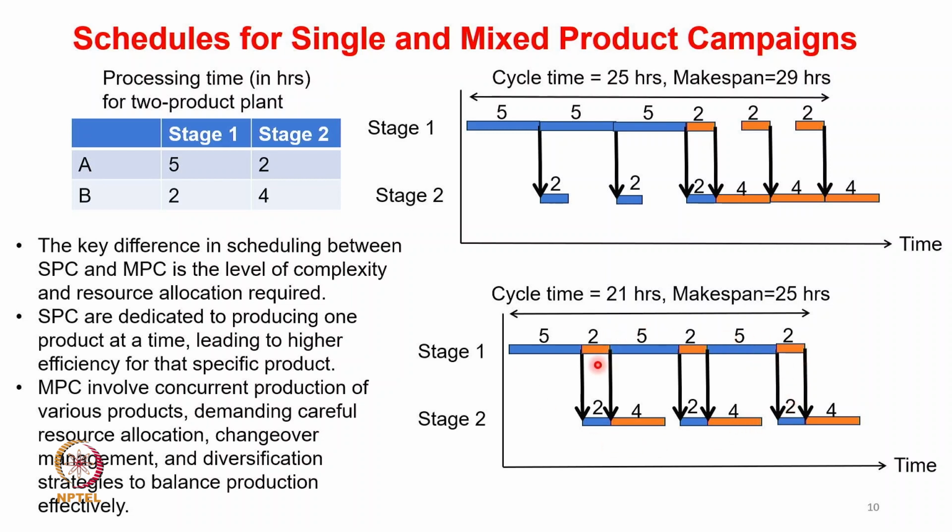You can see that the overall cycle time has been significantly reduced. The overall cycle time would only correspond to 21 hours in this context, while the makespan is also reduced, to 24 hours.